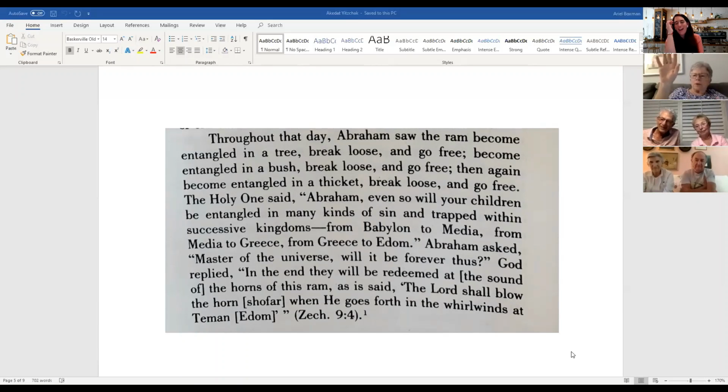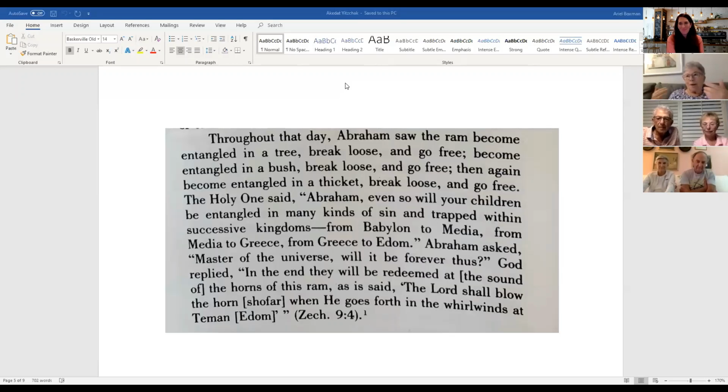It's fun. Jane, they're trying to tie it in, so they bring the ram in here, and then they say, "Well, this ram got tangled, and he broke loose," to tie it in with the history that they know came after this, because they're living in a later period of time, and they're bringing in the story of the people in their telling here. So absolutely. They make Abraham ask, "Is it always going to be like this?"